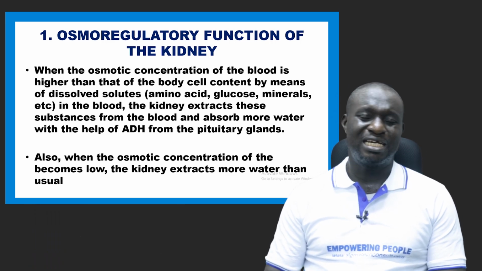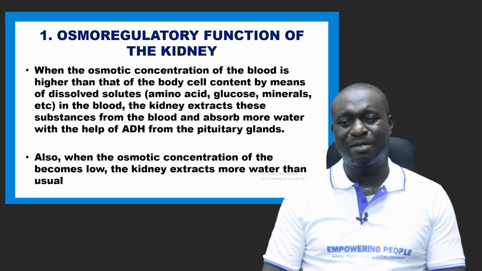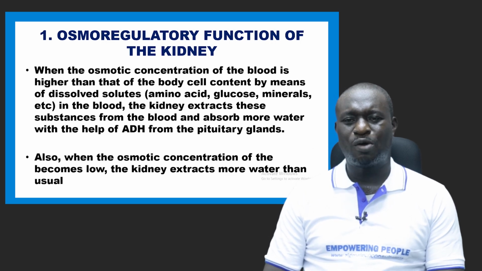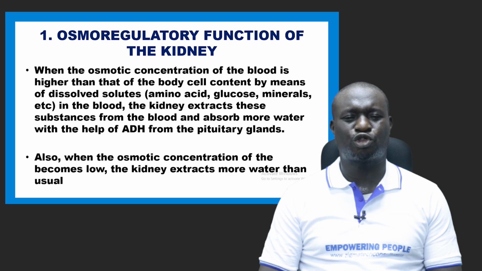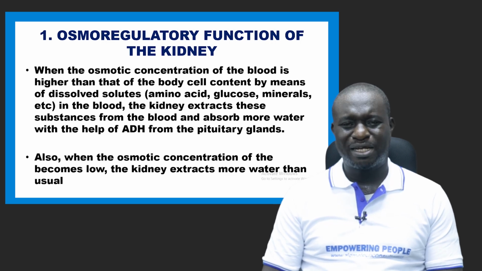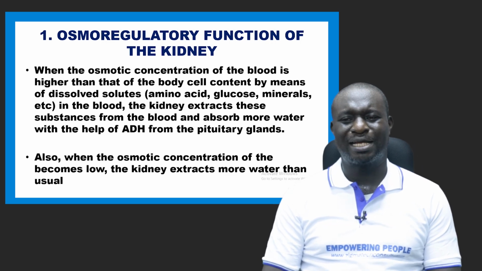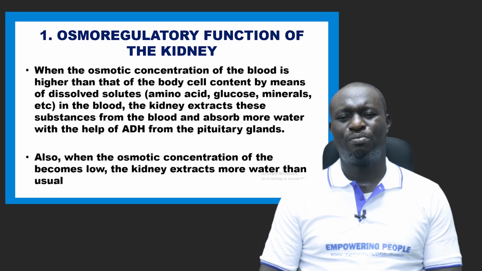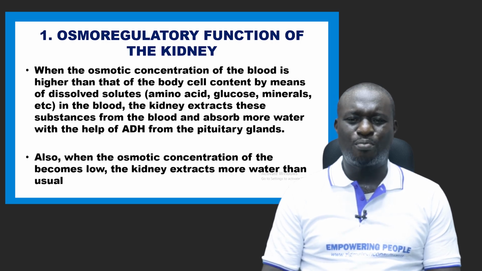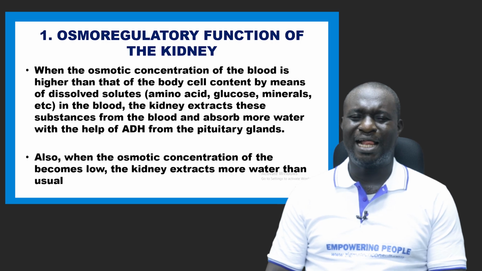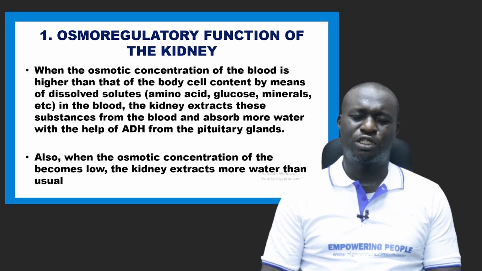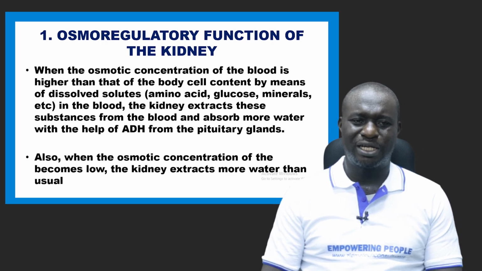Now, instead of osmosis taking place, the kidney will help to extract some of those solutes, the amino acid, the glucose and all that, from the blood and then absorb more water with the help of a hormone called the antidiuretic hormone.